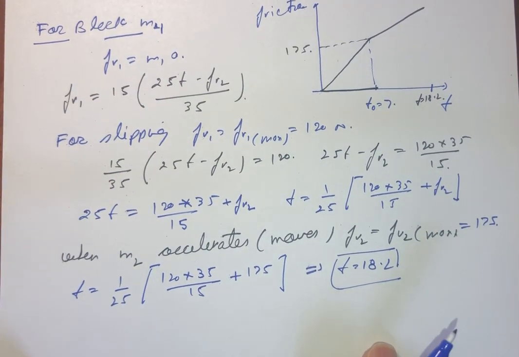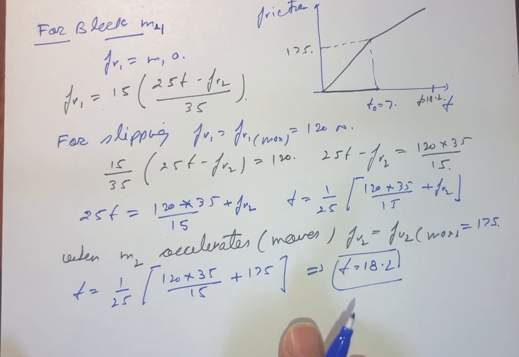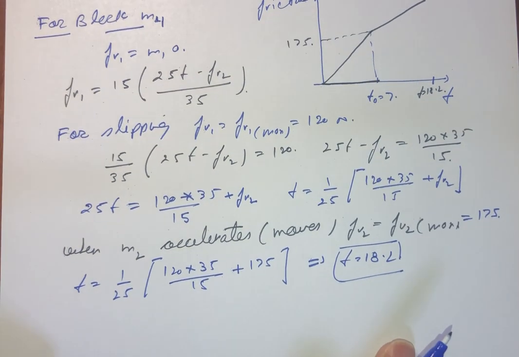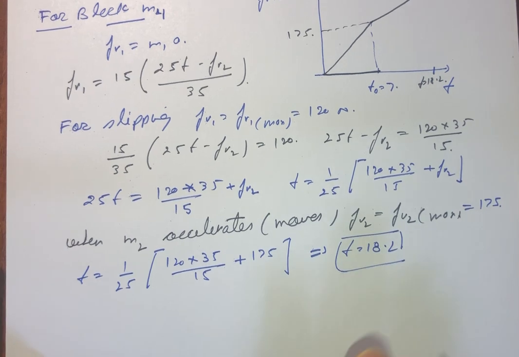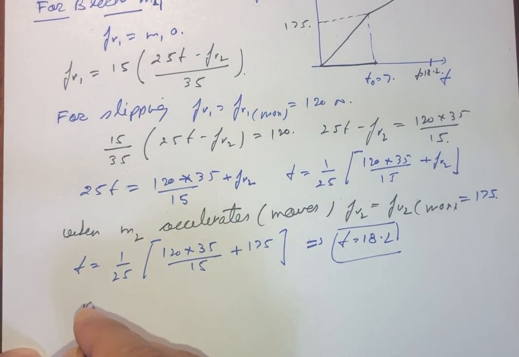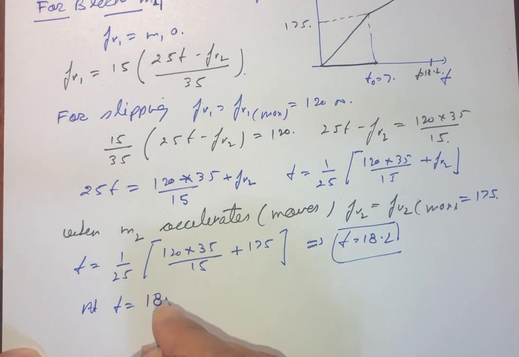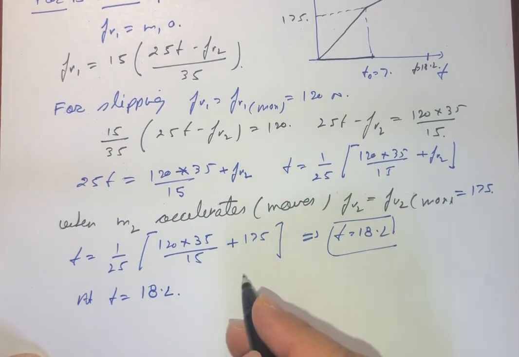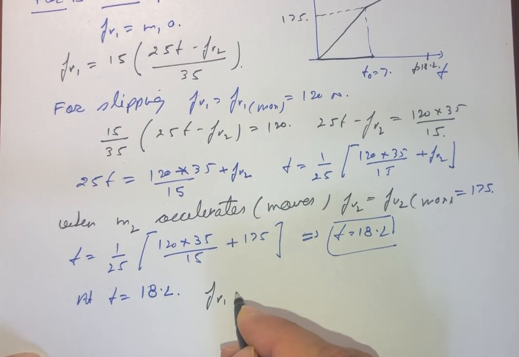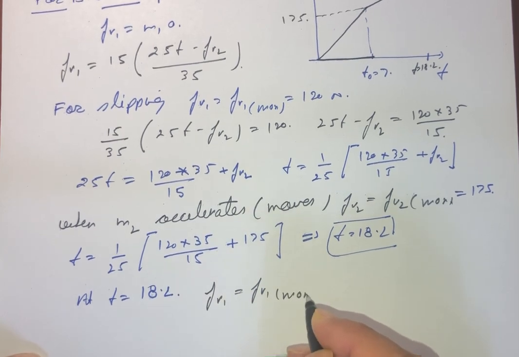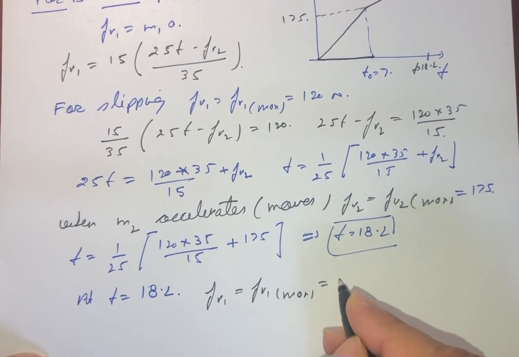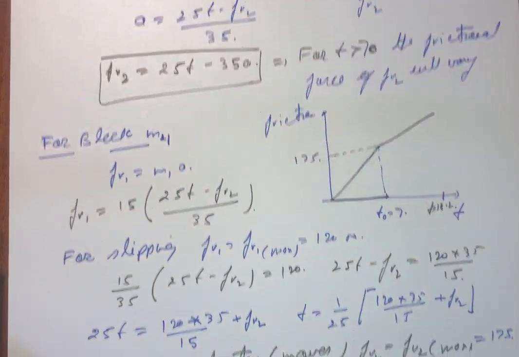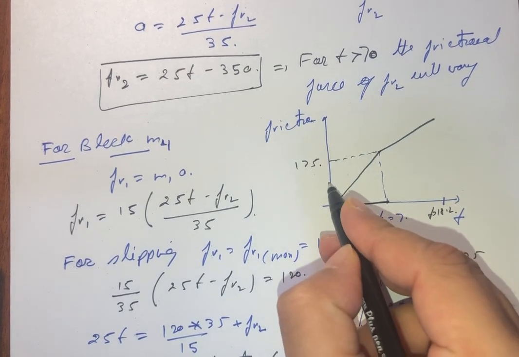It basically means both blocks will be moving with the acceleration a up till this time. So at t equal to 18.2, we can find our FR1, which will be equal to FR1 max, and that comes as 120 newtons. So obviously 120 will lie somewhere here.